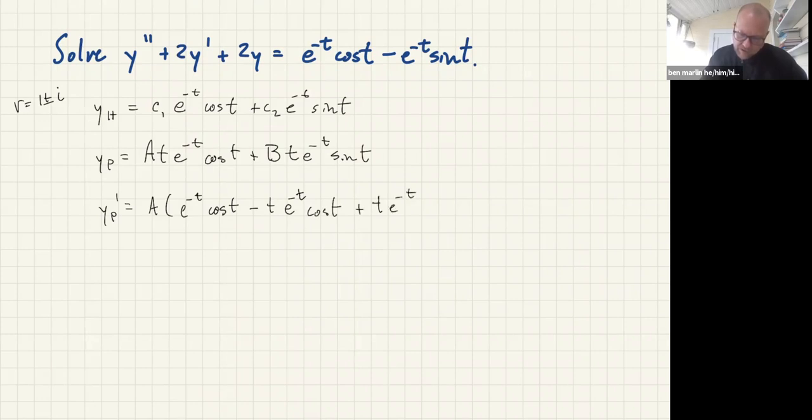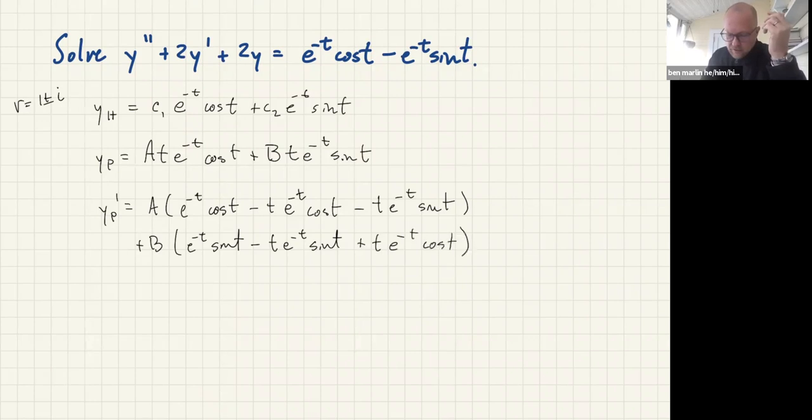Derivative of cosine is minus sine, so sine t, and then we have to make that minus, and then plus b times, we'll have the e to the minus t sine t, and then minus t e to the minus t sine t, and then plus t e to the minus t cosine t. This is super messy, folks.